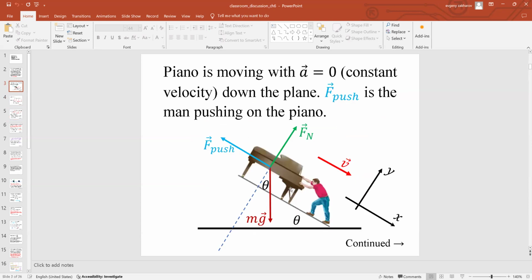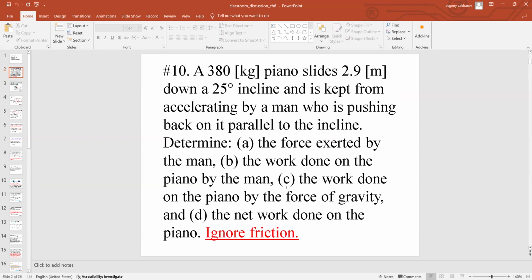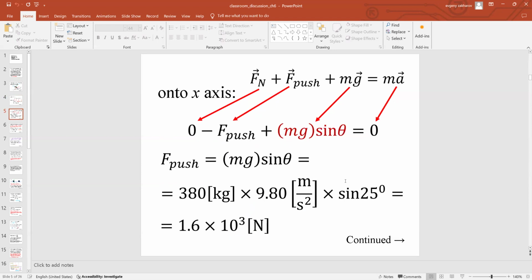The heavy piano that is going downwards, so you do expect quite a force in the opposite direction to slow down the piano from accelerating. So the force exerted by the man on the piano is 1600 newtons.